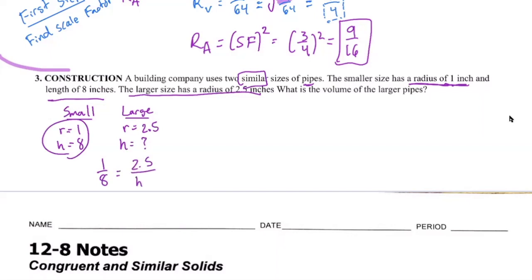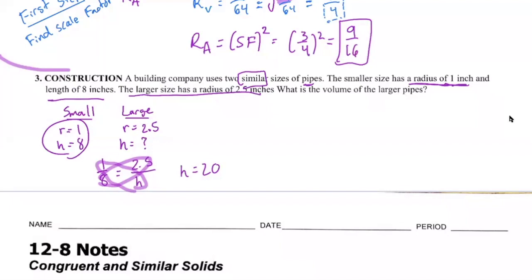If you solve for this, just cross multiply, your height would be 20. What? Is it really 20? Yeah. So you could solve for your height. Height is 20.